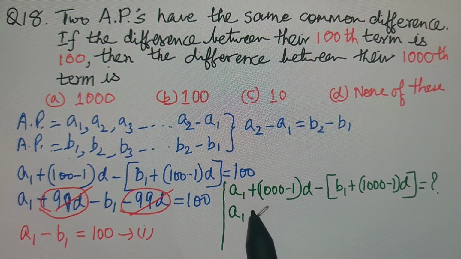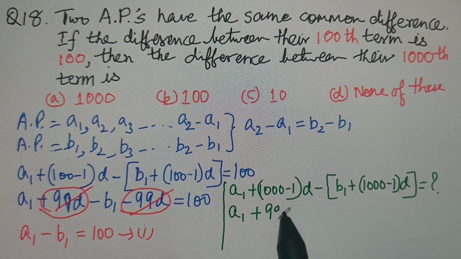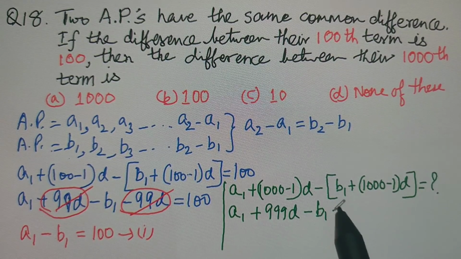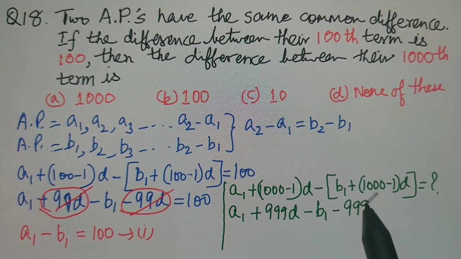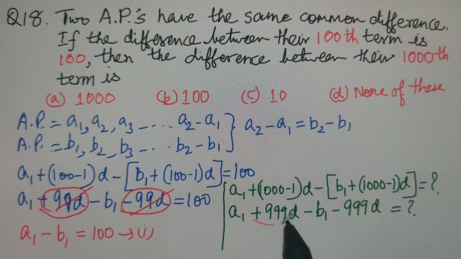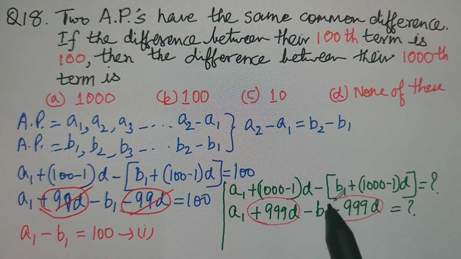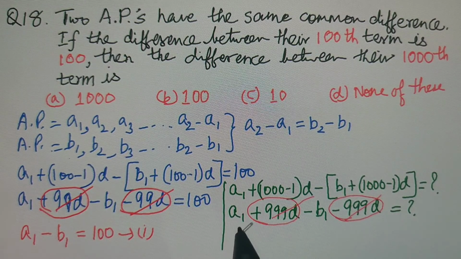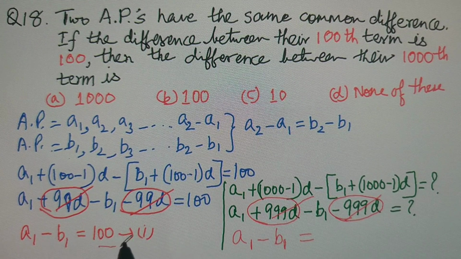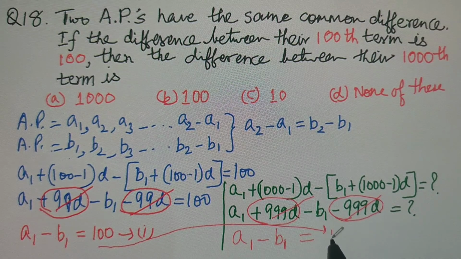So what do I get here? 999D minus B1 minus 999D. Great. Now this and this part gets cancelled, so I get A1 minus B1. Now what is the value of A1 minus B1? It is 100.